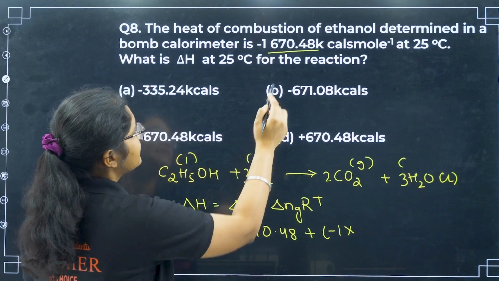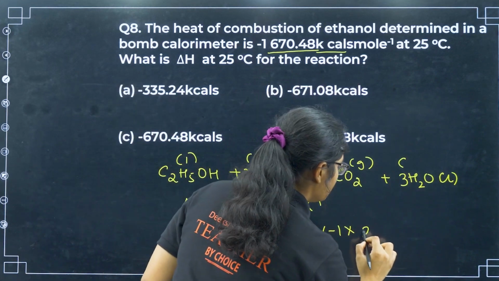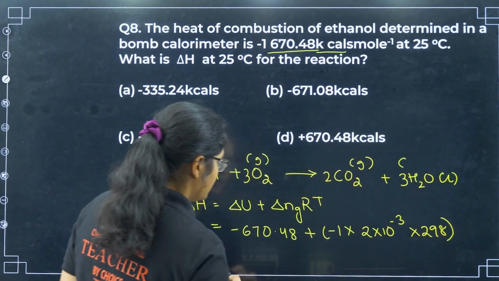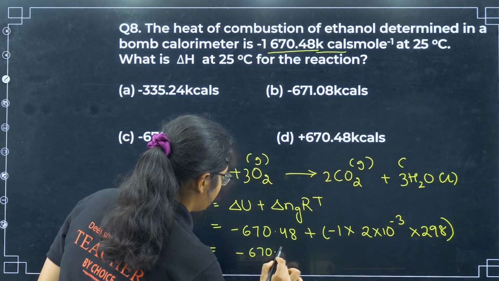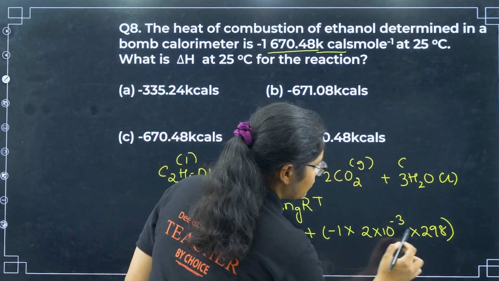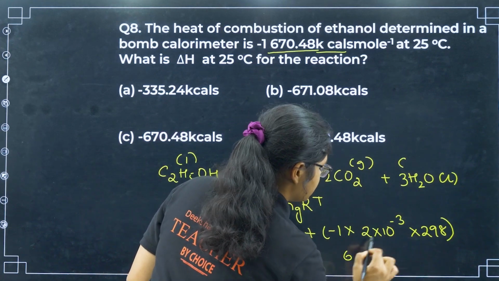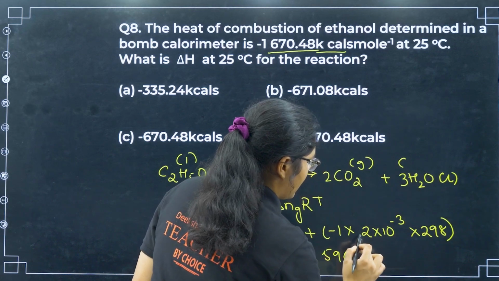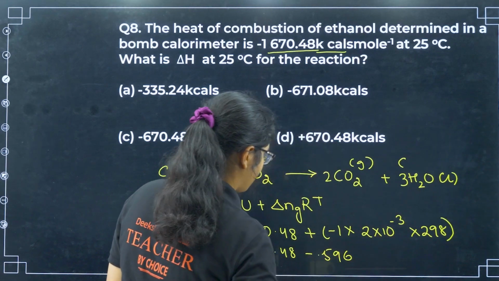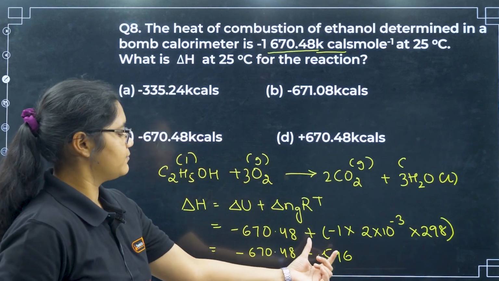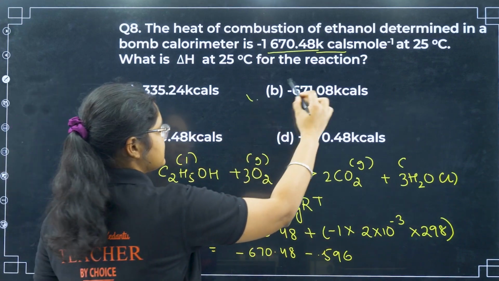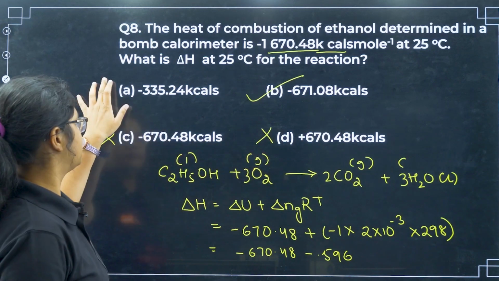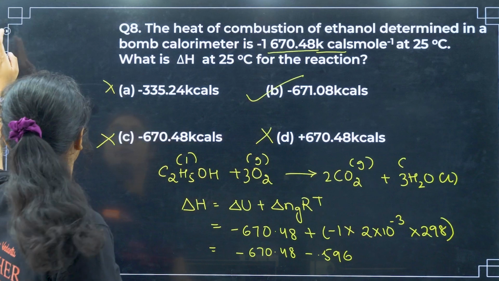R value is in calories, so R will be 2 into 10 to the power of minus 3 and temperature is 298. So I will get minus 670.48 minus 0.596, which is about minus 671.08.